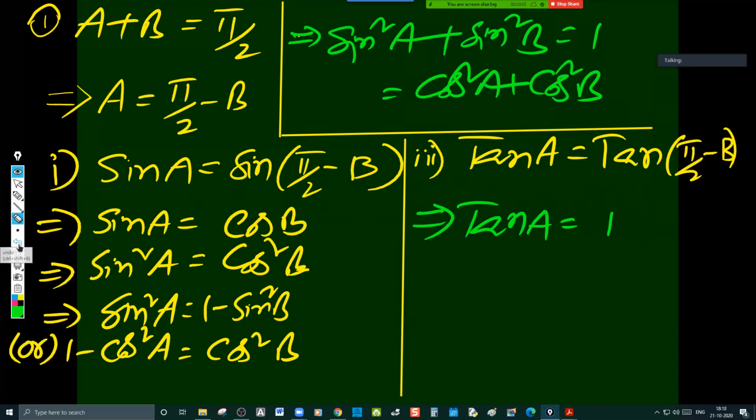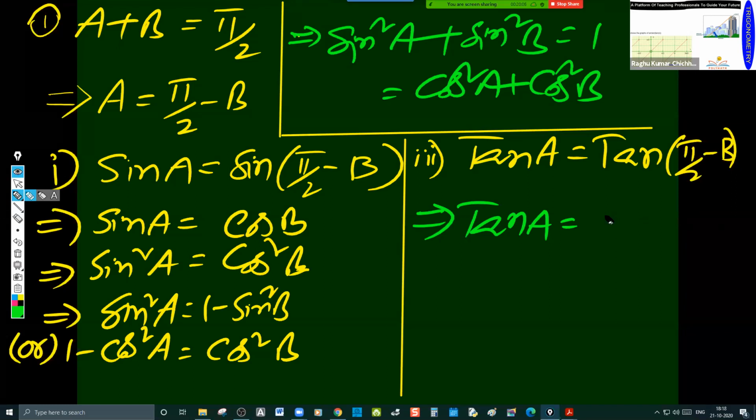In the previous case, there is a relation between sine and cos, that's why we squared it and converted all the terms to sine ones and all the terms to cos ones. In this case, even if you square it, there is no use at all. That's why we write cot b as 1 by tan.